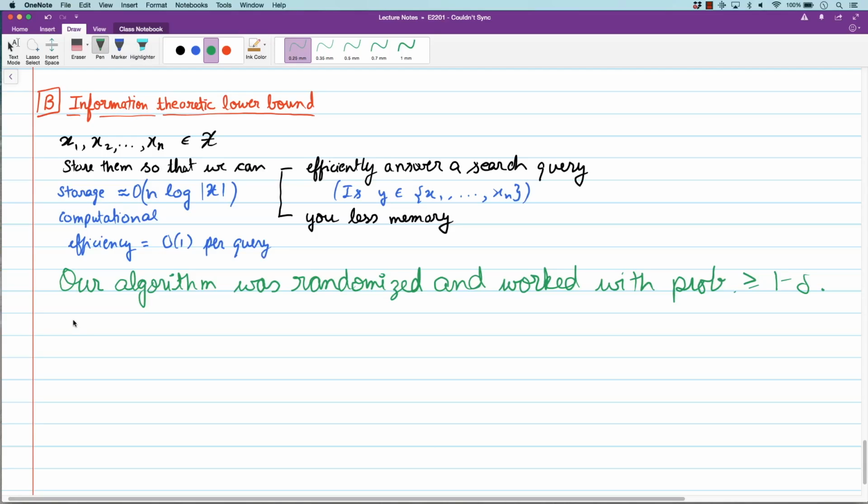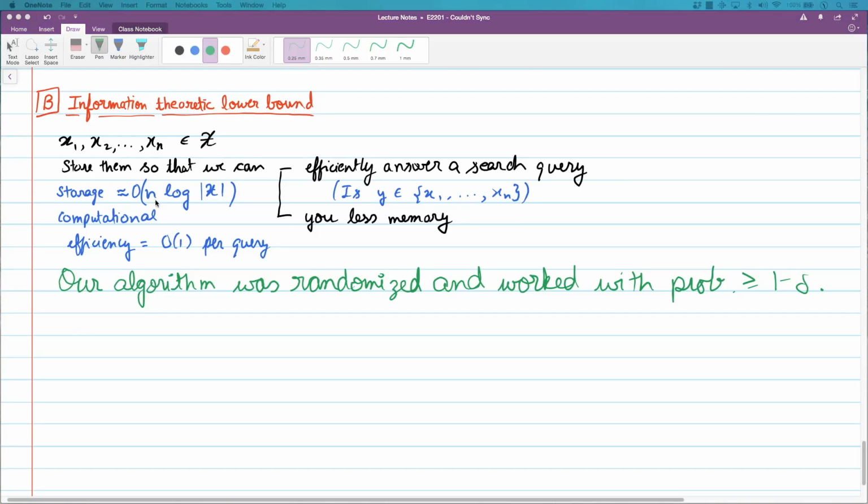The question is, can you do better than storing this order n bits? We will show that indeed it's impossible to do better than this. This algorithm is in some sense optimal, and towards that we will establish a lower bound. This lower bound is actually quite nice.